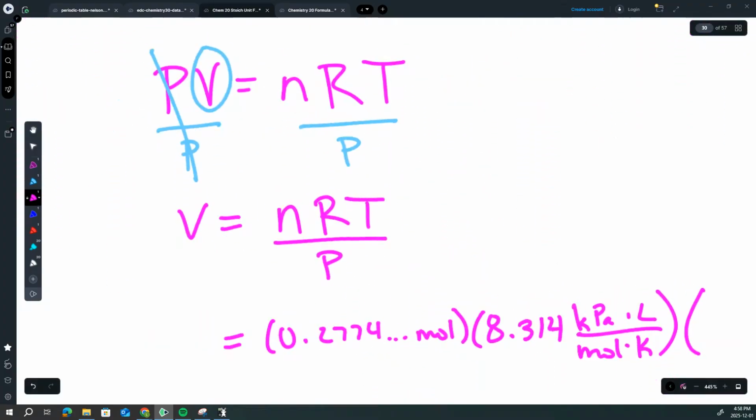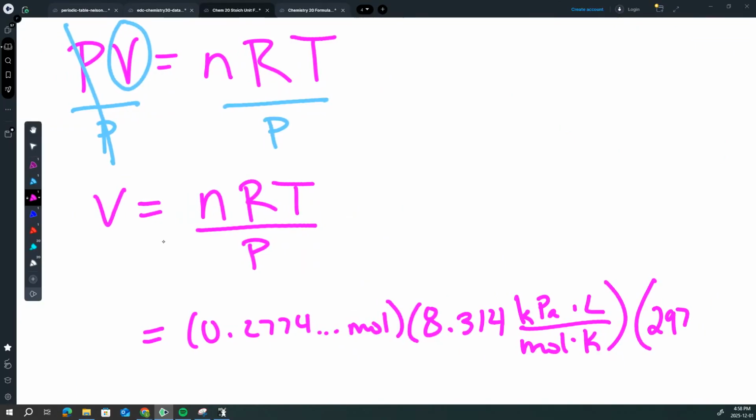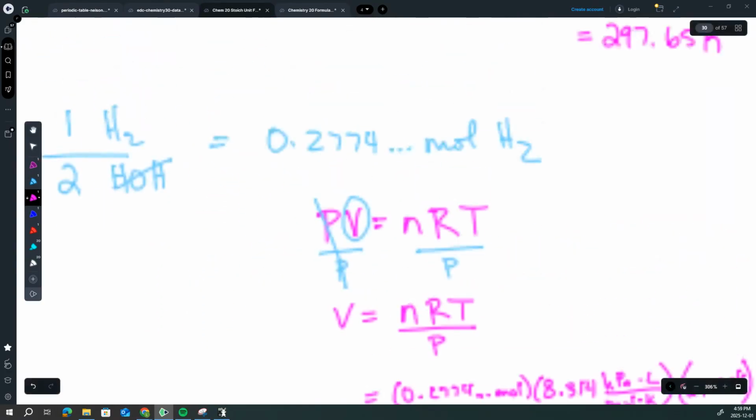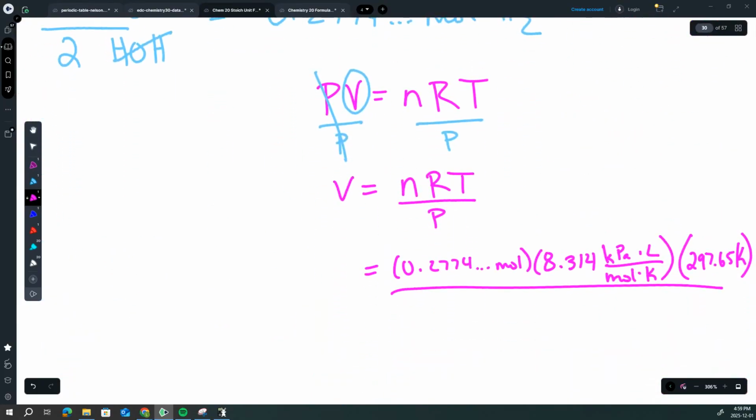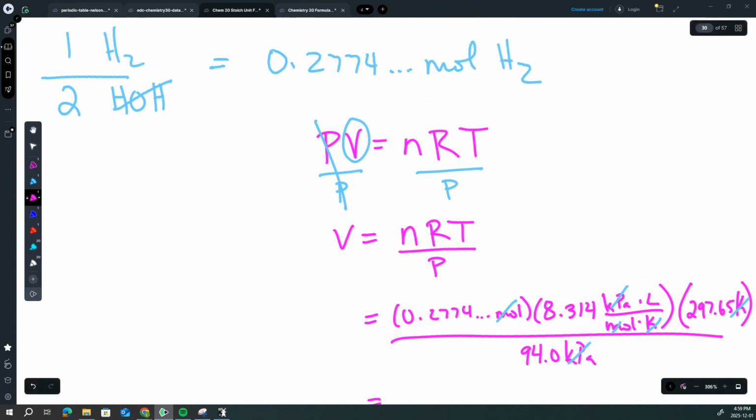That was 297.65. Divided by, what was our pressure? 94 kilopascals. Okay, so moles cancels out, kilopascals cancels out, and Kelvin cancels out. So our units are going to be liters, and it's going to be liters of hydrogen gas because all of these numbers belong to hydrogen.